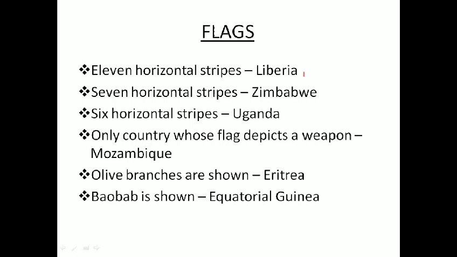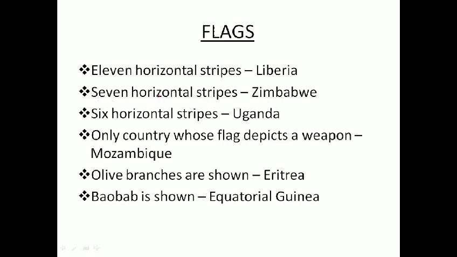But that is absolutely wrong. Besides USA, the other country whose capital is also named after an American president is Liberia. Yes, you are hearing correctly. Liberia's capital, Monrovia, is also named after an American president.